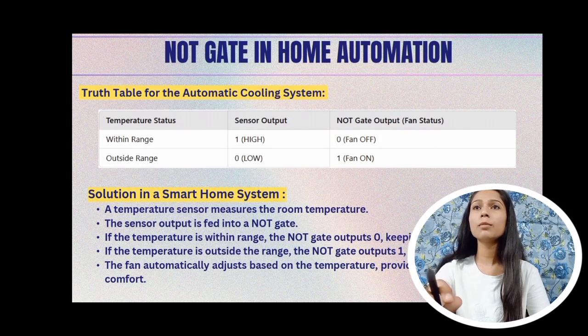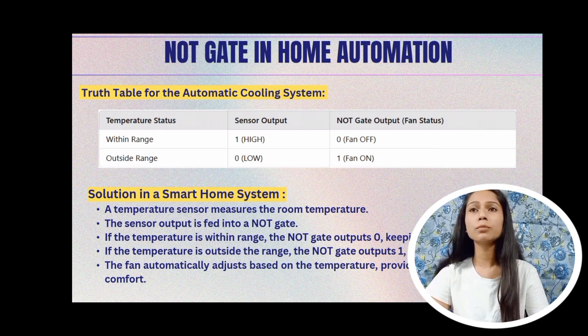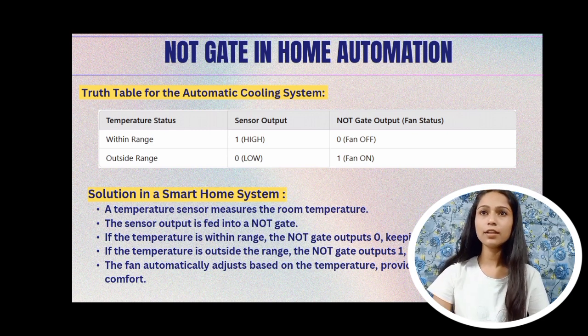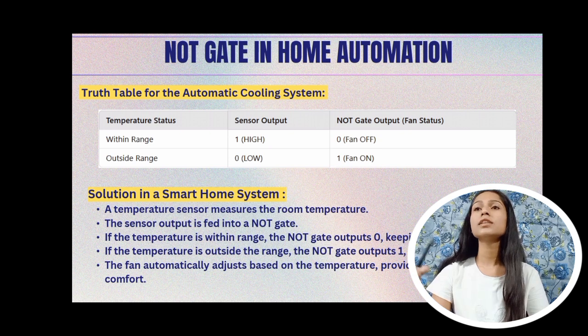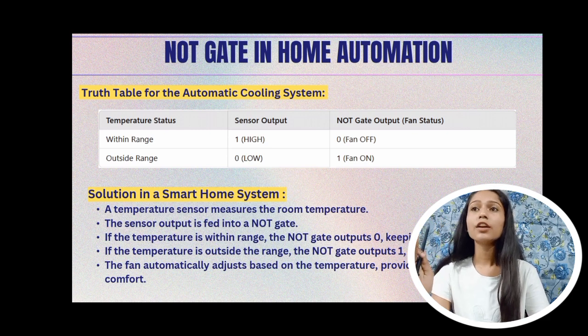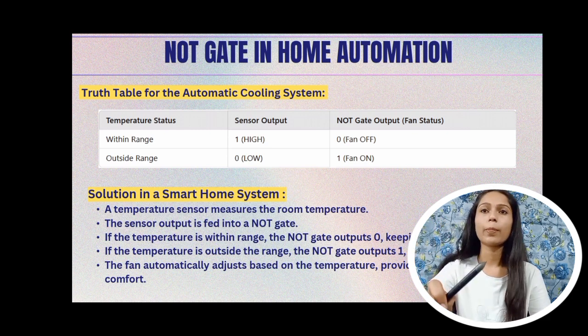This is the truth table of this circuit, and the solution in the smart home system. A temperature sensor measures the room temperature. The sensor's output is fed to the NOT gate. If the temperature is within the range, the NOT gate outputs 0, keeping the fan off, and if the temperature is outside the range, the NOT gate outputs 1, turning the fan on.